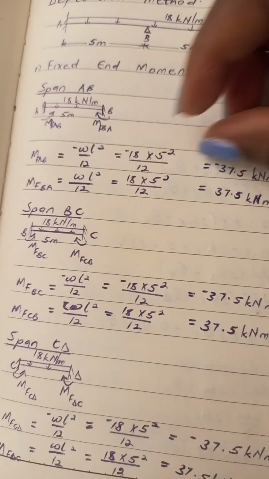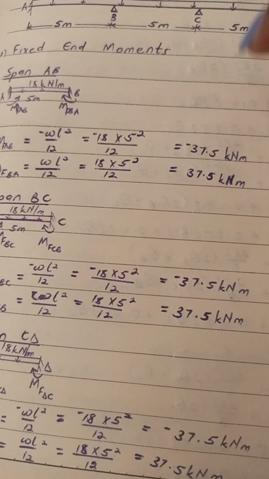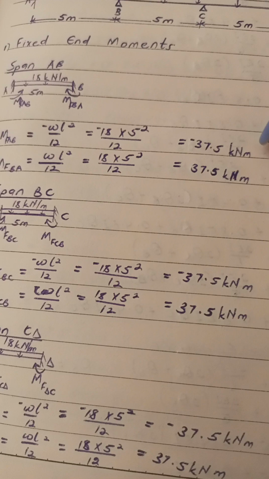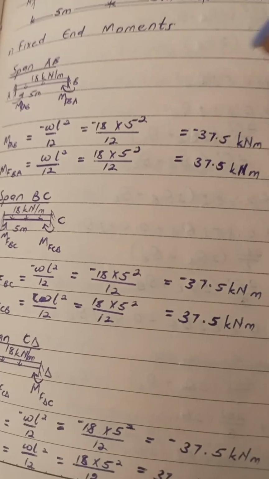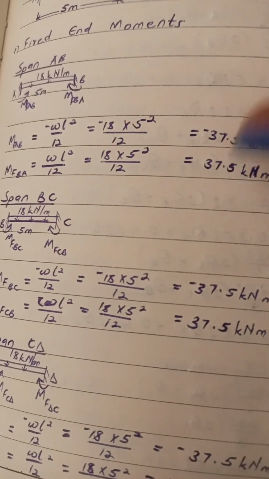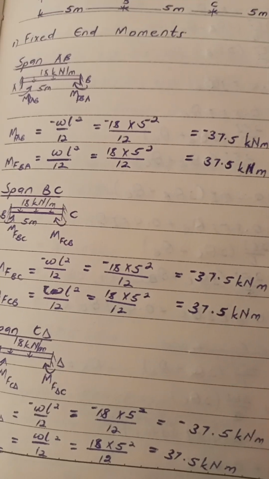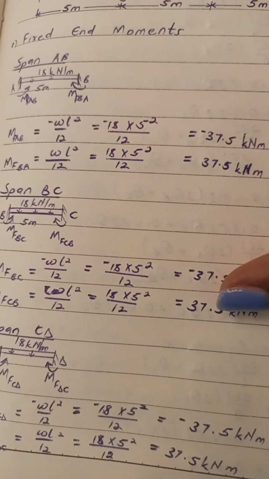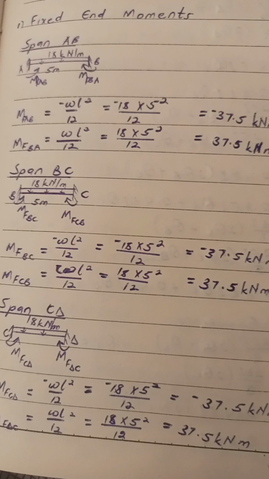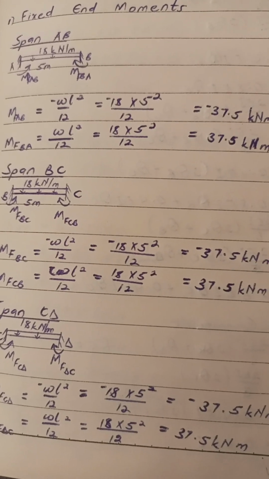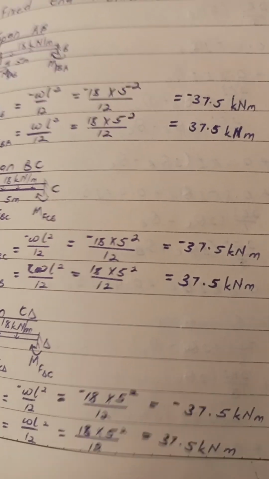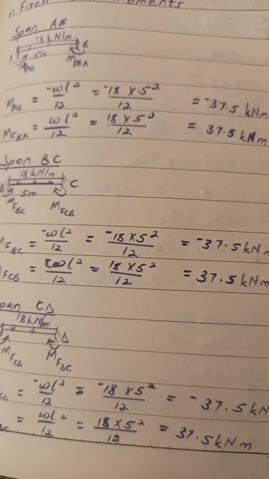The value I found is 37.5 kilonewton meters, and it's going to be the same throughout the whole beam, because it's a uniformly distributed load across a uniform length, which is 5 for each span.